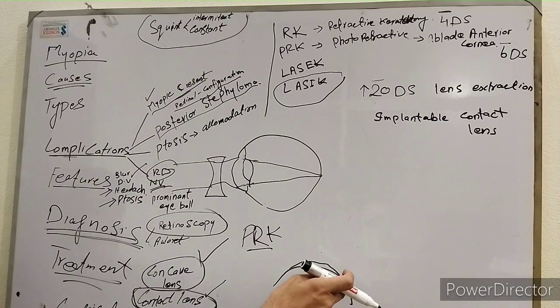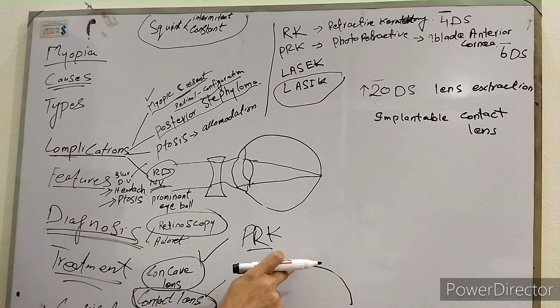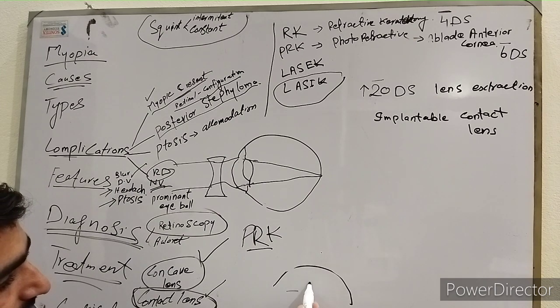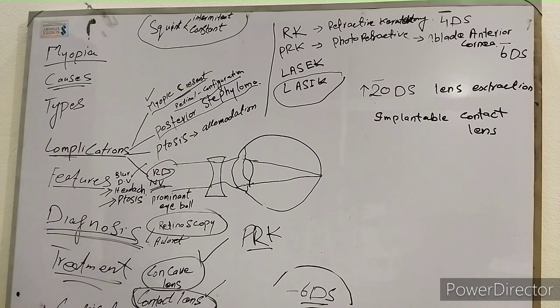In this case, we ablate a layer of anterior cornea. If we are ablating the layer of anterior cornea, it means we are thinning the cornea. When corneal thickness decreases, corneal index decreases, then refractive power decreases. In this case, we can also decrease the refractive error. In this procedure, we can decrease the refractive error up to -6 diopters.